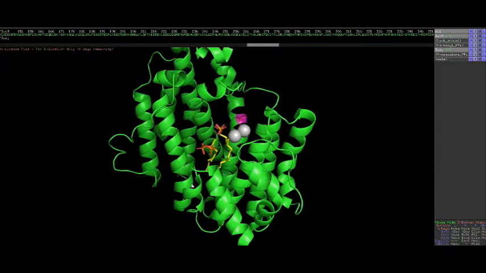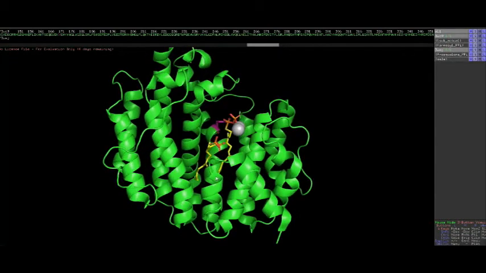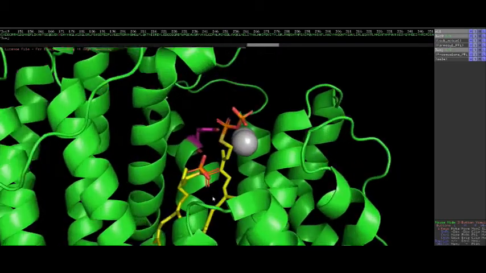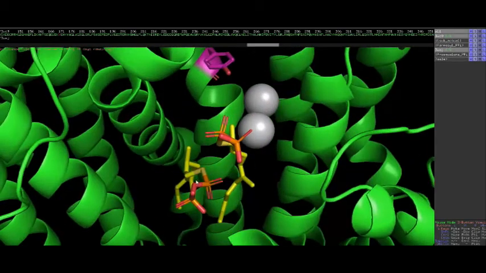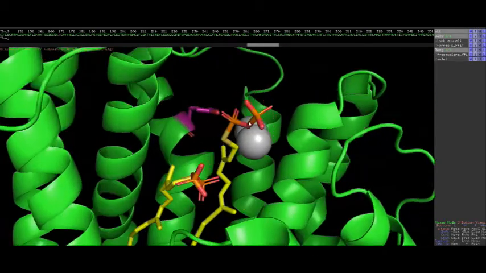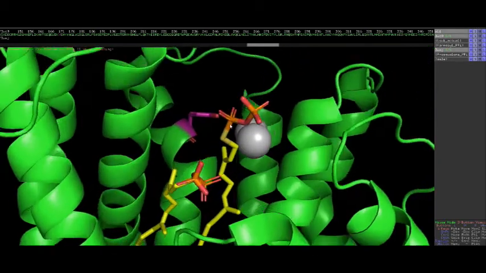And so I have the structure for it here, and on this we can see our two farnesyl pyrophosphates in here. We have our two magnesiums here to help stabilize the pyrophosphates.